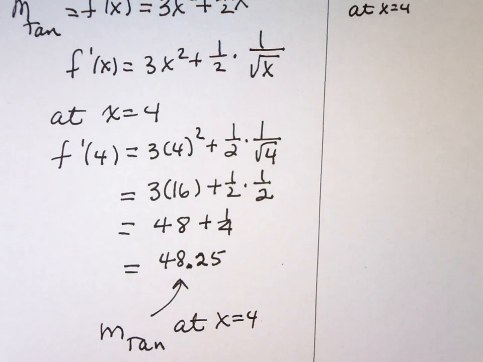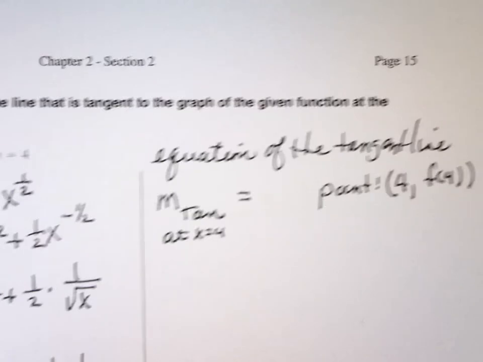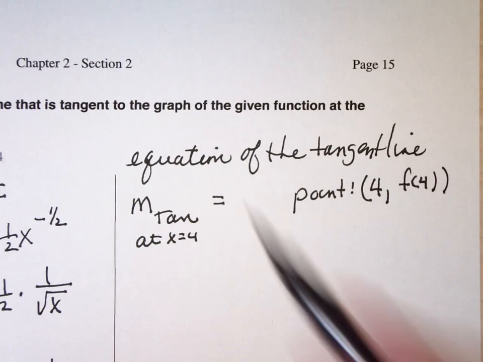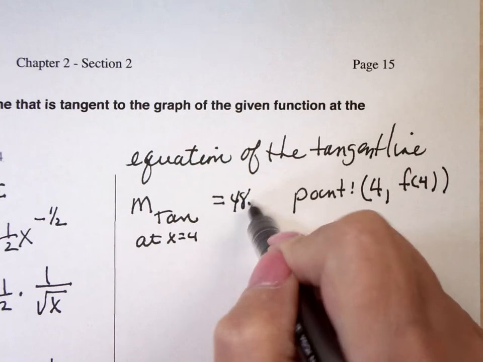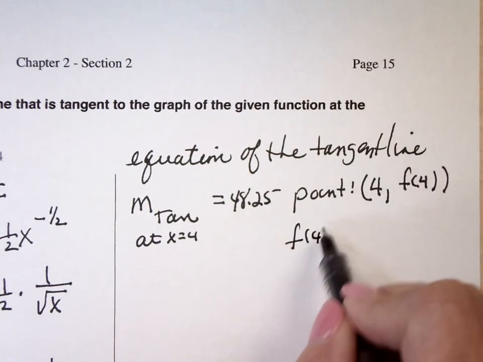So I've got part of what I need. So the slope of the tangent is 48.25. I need to know what f of 4 is.